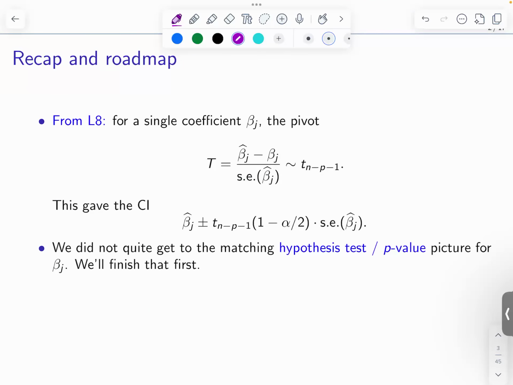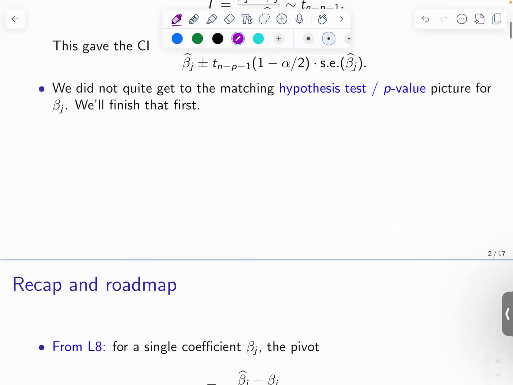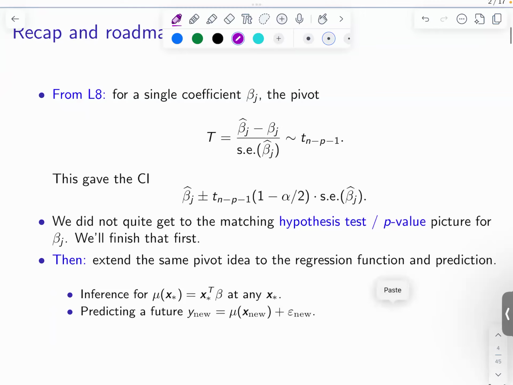So last time we did not get to do the matching hypothesis test, like the p-value picture, but I'm going to do it quickly to finish now and then extend this today with inference for the regression function and potentially a new observation, which leads to the prediction interval. And if you're lucky, I'm going to talk about something kind of modern, the modern way of doing it under minimal assumptions.